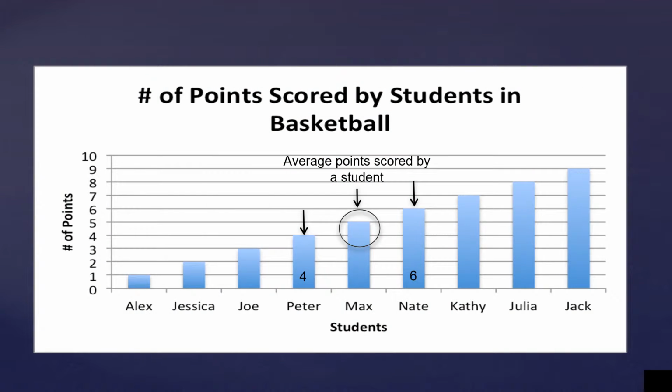Now, who can tell me which students are closest to making the average of 5 points? Yes, Emily? Peter and Nate are closest to the average points scored because Peter scored 4 points and Nate scored 6 points, meaning they're only off from the average by 1 point.